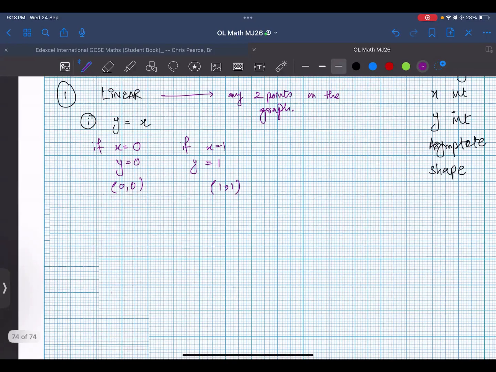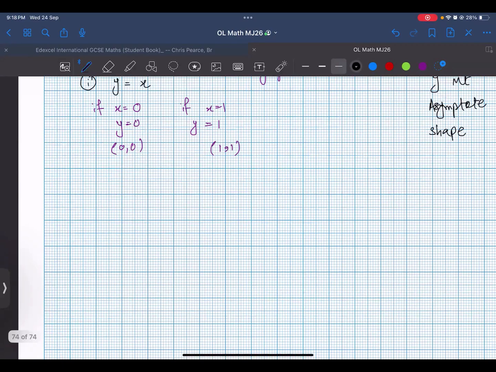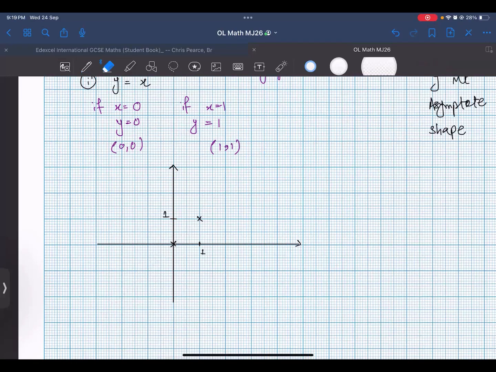And then what do you do? You have your sheet, you have your graph, you will plot these 2 points. 0, 0 is this one, and let's suppose this is 1 and this is 1. 1, 1 is over here. So you will join these 2 points and then extend it as well. This is your sketch. Let me change the color.